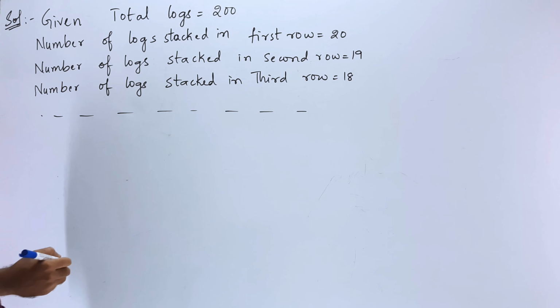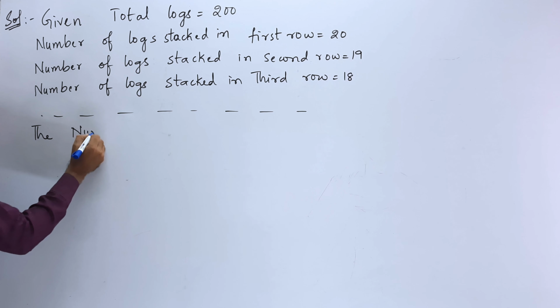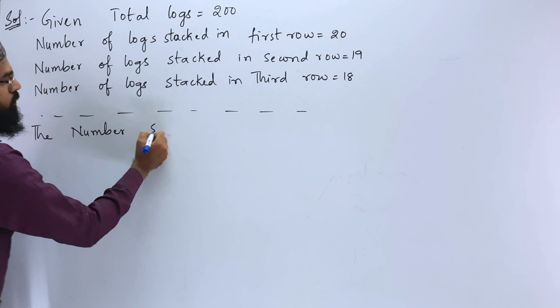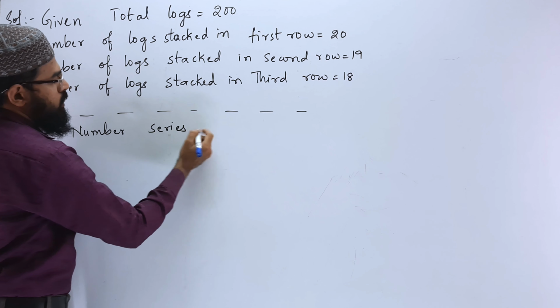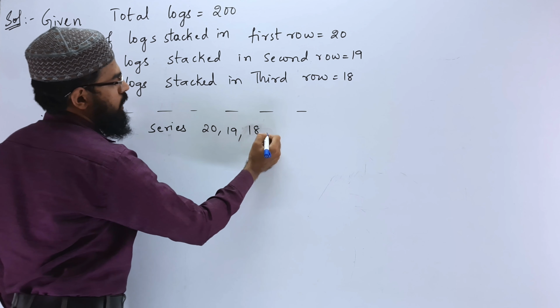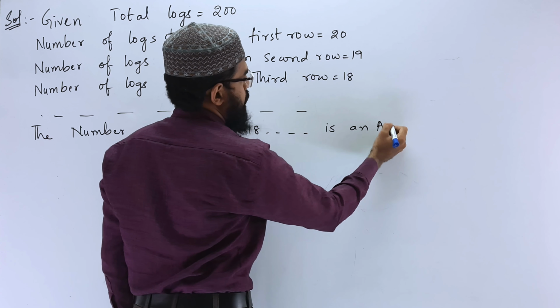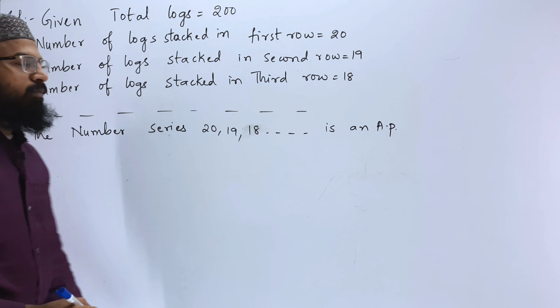So the number series is 20, 19, 18 and so on, which is an AP.